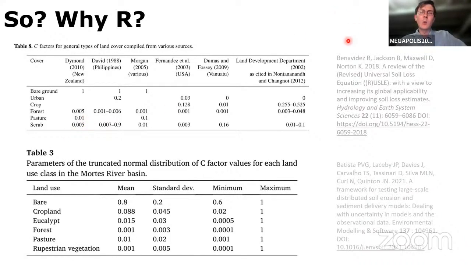It is a way in which one can use Monte Carlo simulations to test different C factor values and different R factor values, K factor values, knowing the parameters of the distribution of these factors.